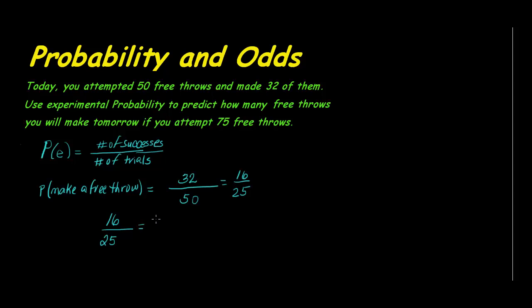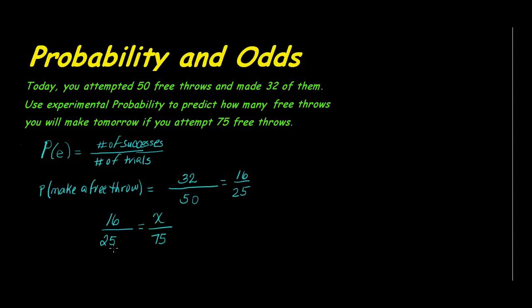Tomorrow, how many will you make out of the 75 total trials? That's what they're asking. And notice we've set up a proportion, and you're very familiar with this, right? You know how to set up a proportion. You're using yesterday's statistics or yesterday's probability to predict tomorrow's free throws, okay?